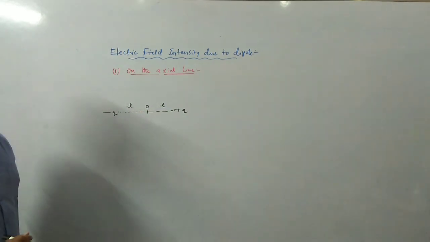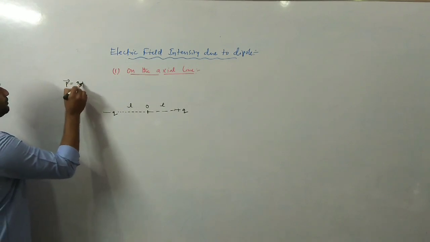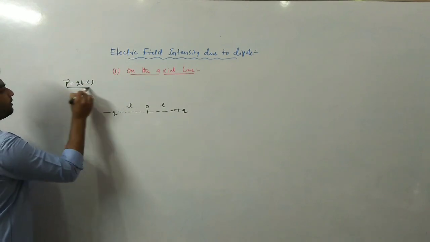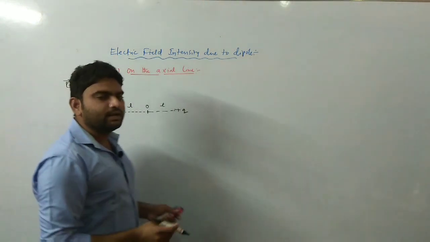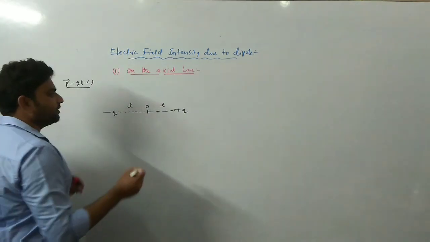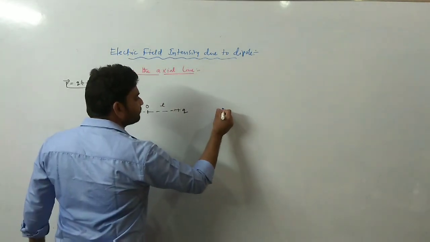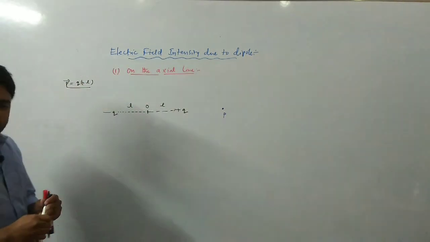So the dipole moment will be P equals Q into 2L. Now my aim is to calculate the electric field intensity on the axial line. For that I am assuming point P here somewhere. This is the point P where I am supposed to calculate the intensity.